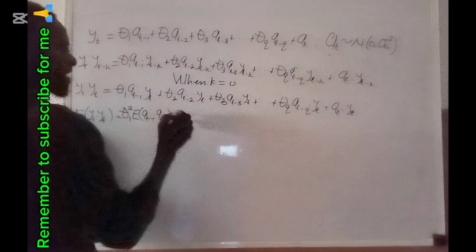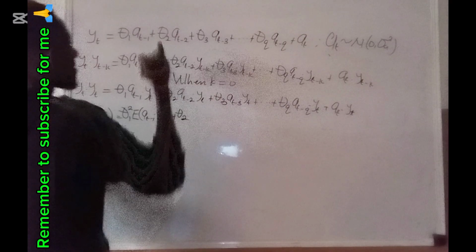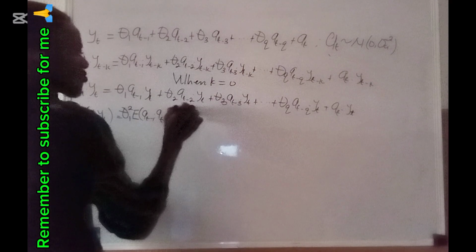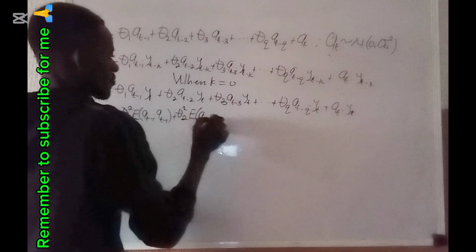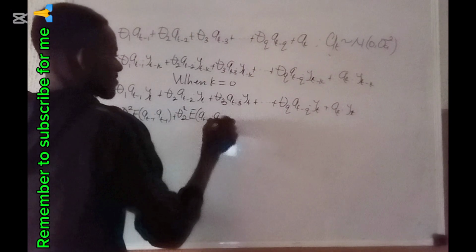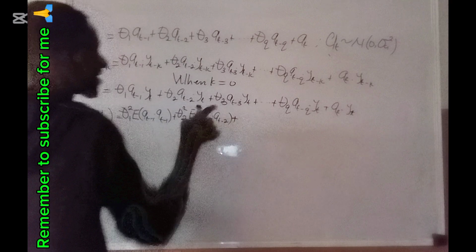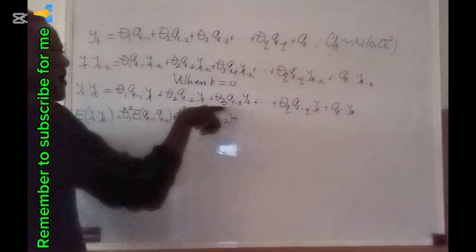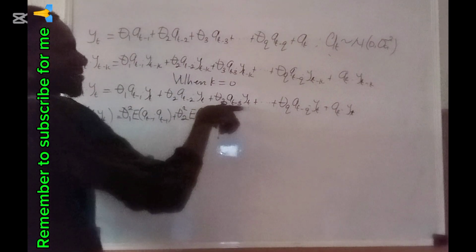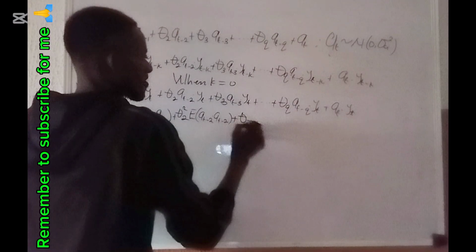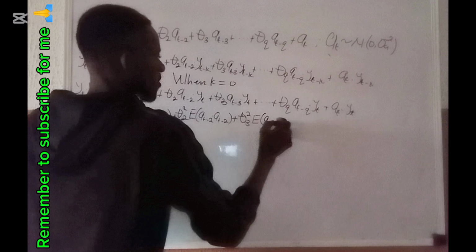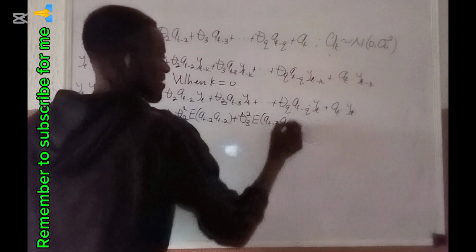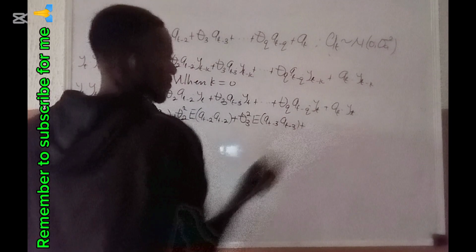Here I have my theta 2, and because I have theta 2 here again, it's going to be theta 2 squared E of a of t minus 2 multiplied by a of t minus 2. The same thing applies when I'm having theta 3 a of t minus 3. I will land myself here. Then I have theta 3 all squared E of a of t minus 3 multiplied by a of t minus 3, plus.